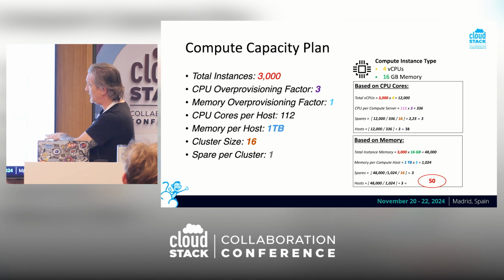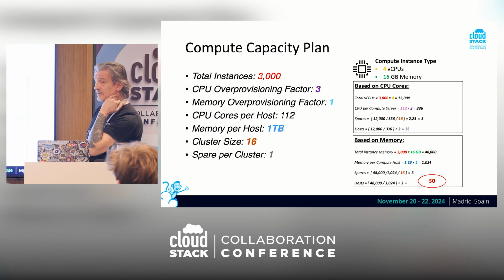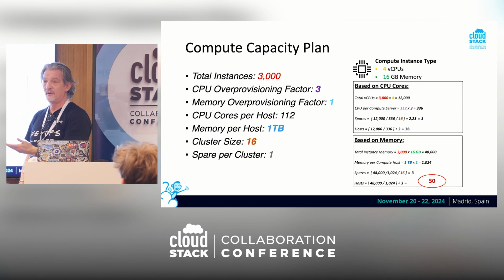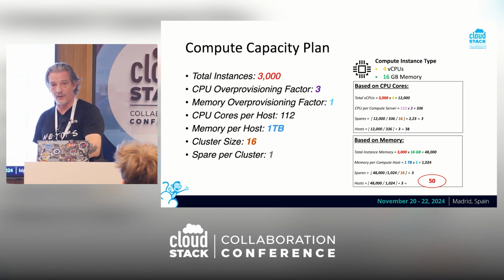So I will need servers with 1 terabyte of memory, considering as well a spare host per cluster, because I need to do some maintenance if I have some problem in the cluster. The number in that case will be 50 hosts to support the workload.